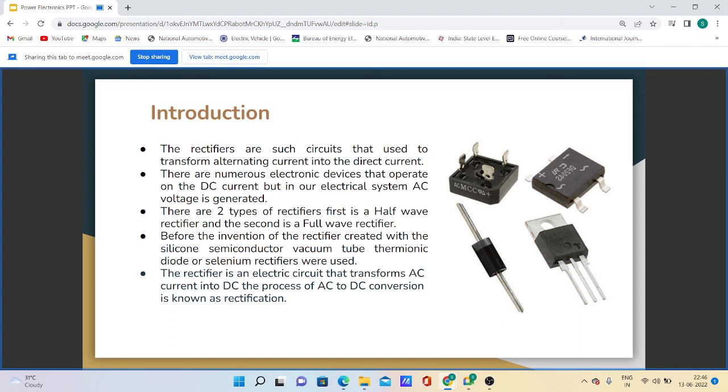In this application, the output of the rectifier is smoothed by an electronic filter, which may be a capacitor, choke, or set of capacitor, choke and resistor, possibly followed by a voltage regulator to produce a steady voltage. More complex circuitry that performs the opposite function, that is converting DC to AC, is called an inverter.